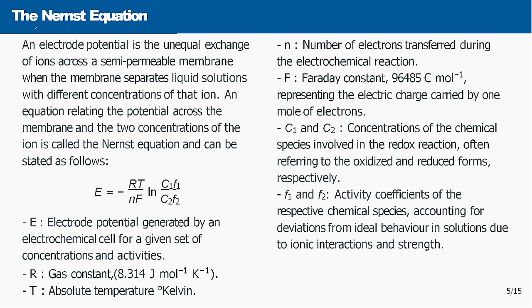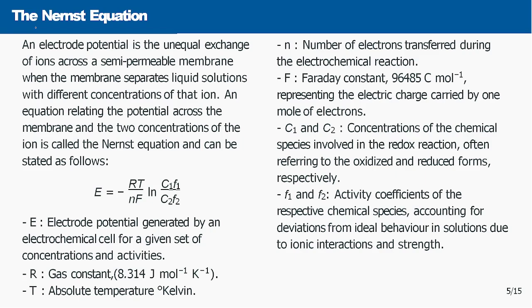This voltage is called the half cell potential, or electrode potential, also known as the initial electrode potential. All electrode potentials are measured with respect to the standard hydrogen electrode.